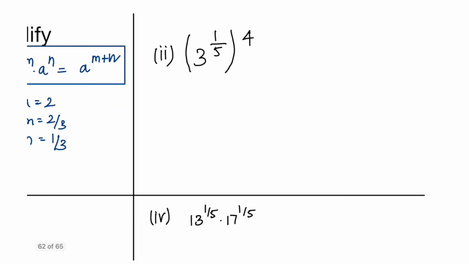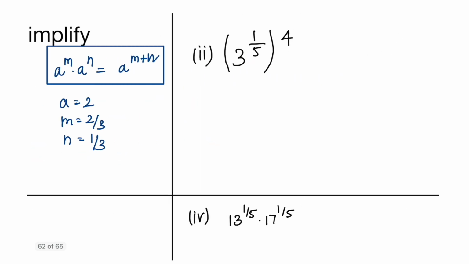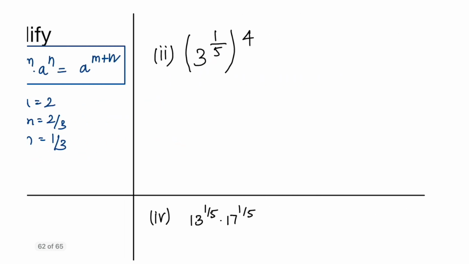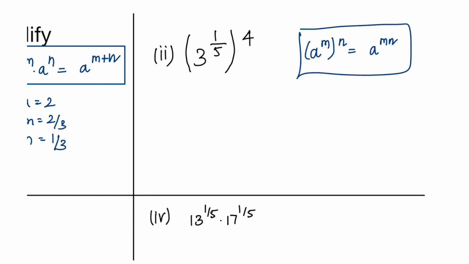Now moving on to the second subdivision of this question, we have another formula to use. Let me write that first here. So a power m the whole power n is equal to a power m n. This is the formula you are going to use for the second question.